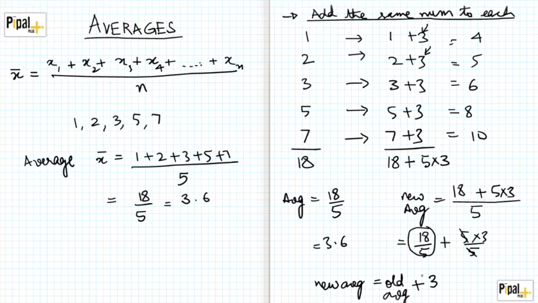So the new average is going to be the old average plus whatever number we have added to each data point. Similarly, if we had subtracted 3 from each of these numbers, our new average would have been the old average of 3.6 minus that number which we had subtracted from all of these numbers, right?